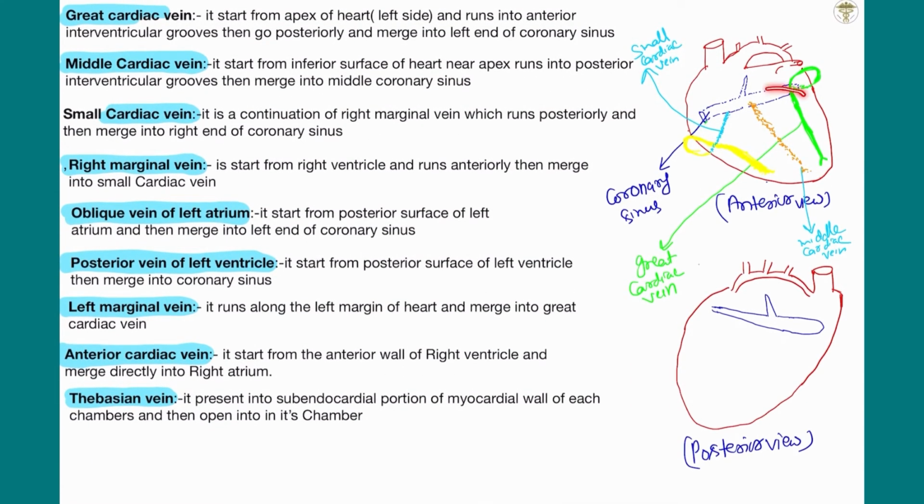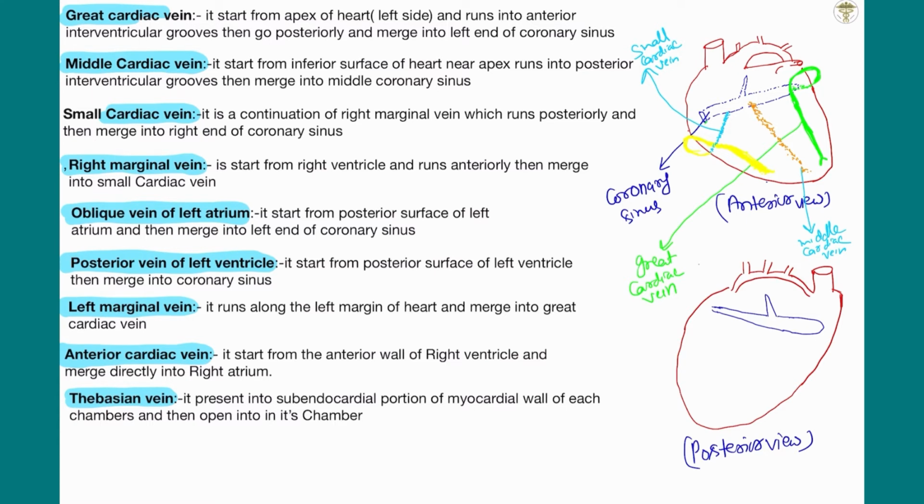Most veins open into the coronary sinus, not directly, because all veins first open into the coronary sinus, and then the coronary sinus opens into the right atrium. But some veins open directly into the right atrium, not into the coronary sinus, like the anterior cardiac vein and the Thebesian vein. These both veins directly open into the right atrium.